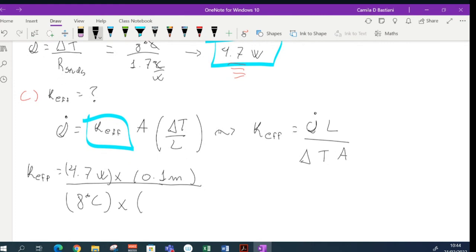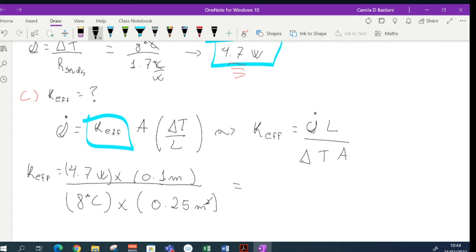In this case, because I'm talking about the combination, I'm going to use the total area. Okay, now I want the K effective for the combination.